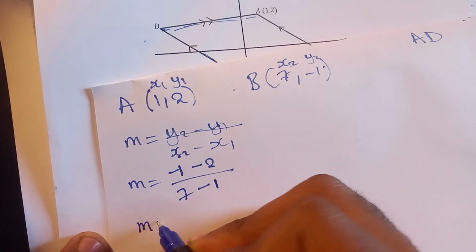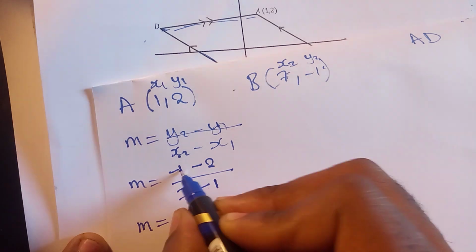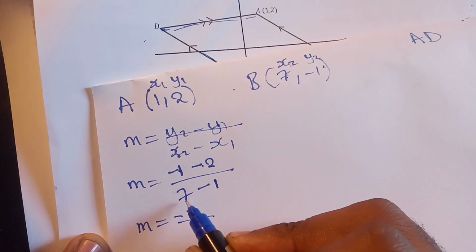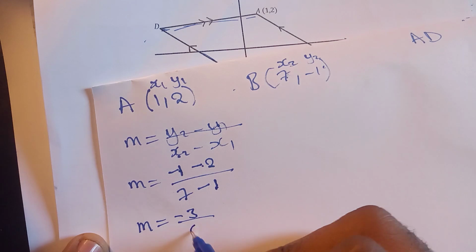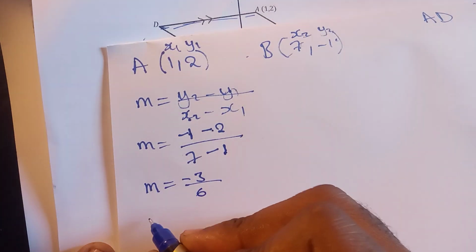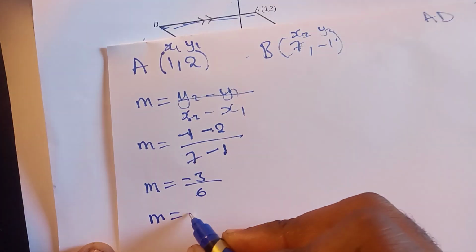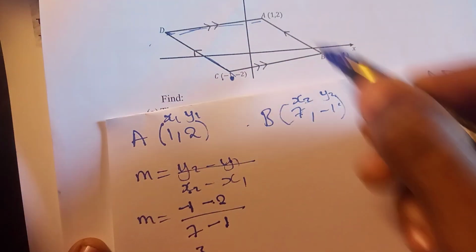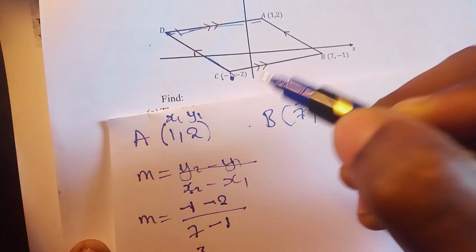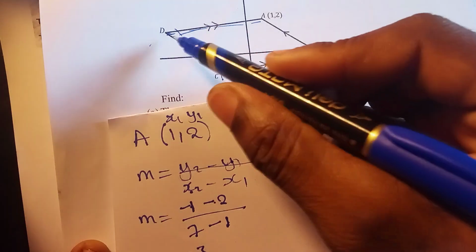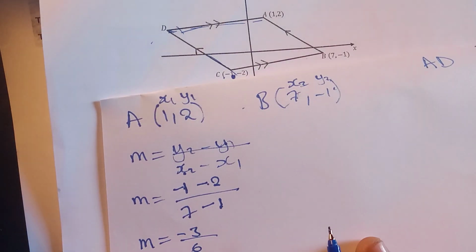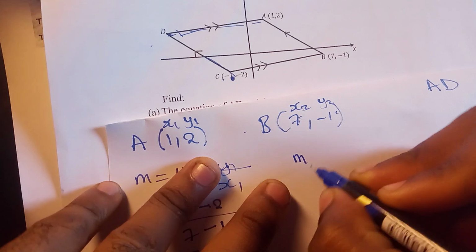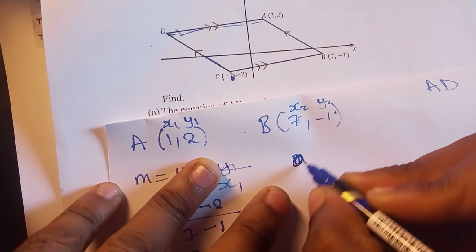So you can find the gradient now. -1 minus 2 is -3, and 7 minus 1 is 6. So our gradient here is -1/2. Since this is parallel to this, the gradient of this is exactly the same as the gradient of that. Now to find the equation, let me just use a different method.